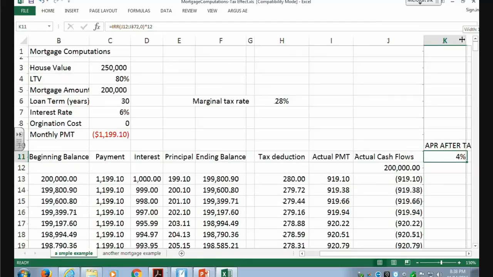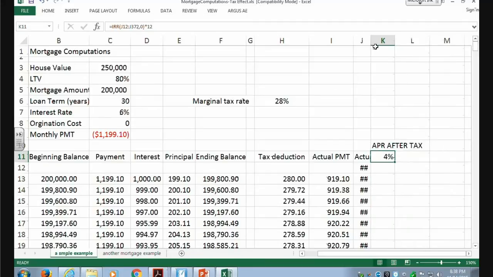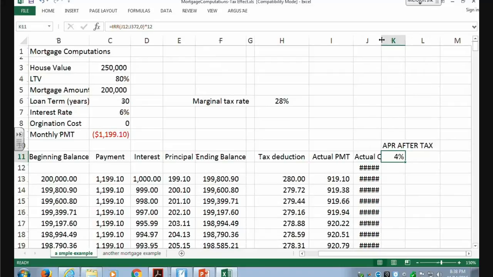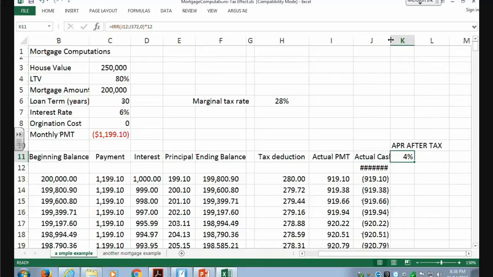If we look at this, it is too narrow. When you see these things, you need to expand it, then you will see the number.